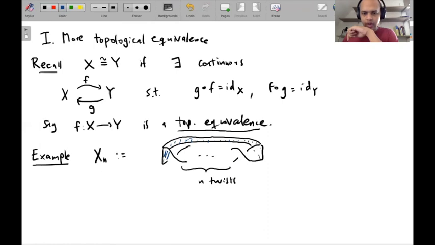So let's see concretely how this looks for some small values of n. So n here can be anything, any integer, at least 0. When n is 0, so X0 with 0 twists, this is just an annulus.